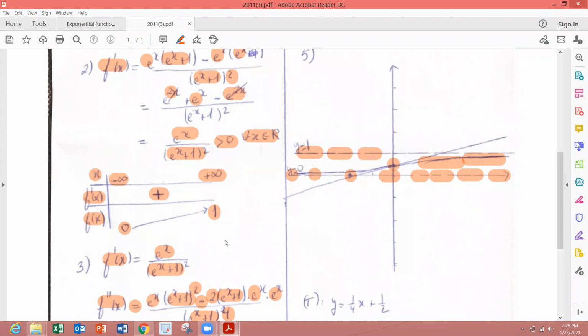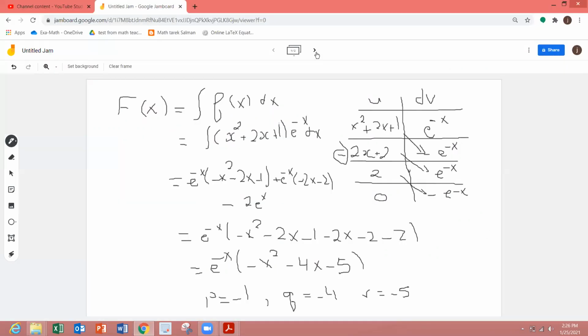I need to add a part, although this exercise is finished. How to calculate the area? The area bounded by the curve C and the lines x equal 0 and x equal 1.